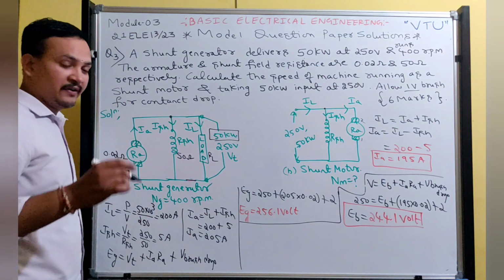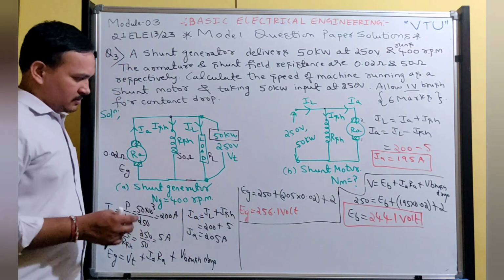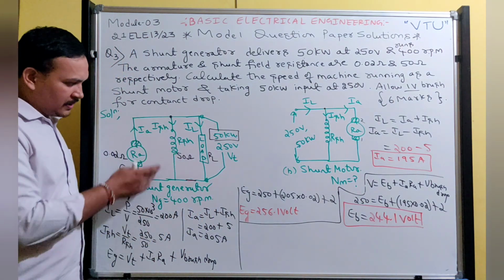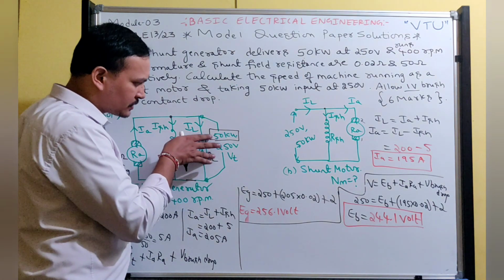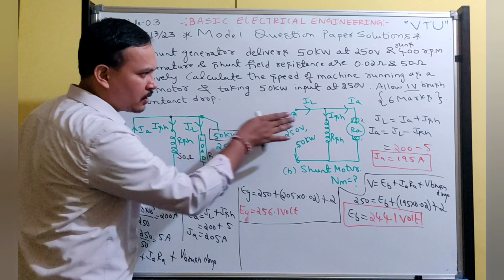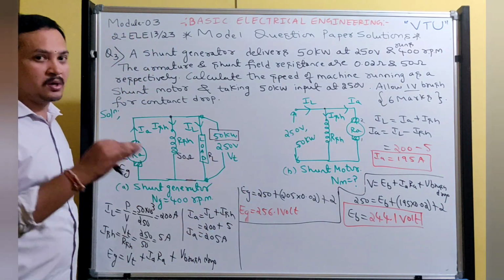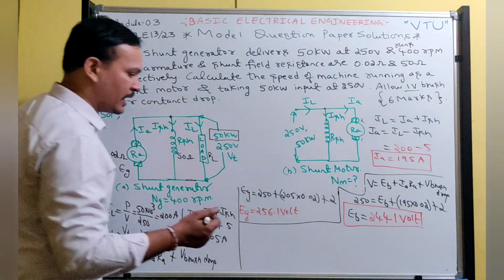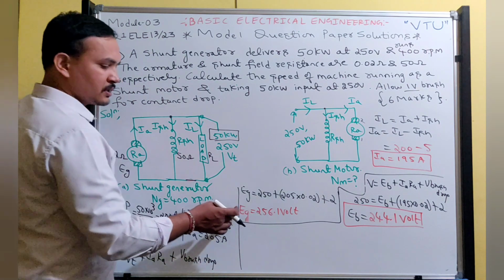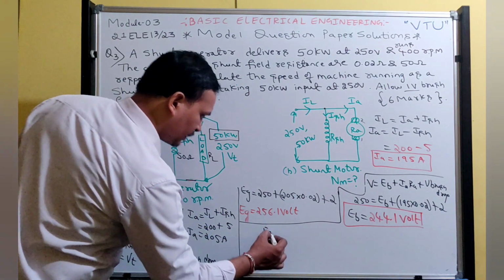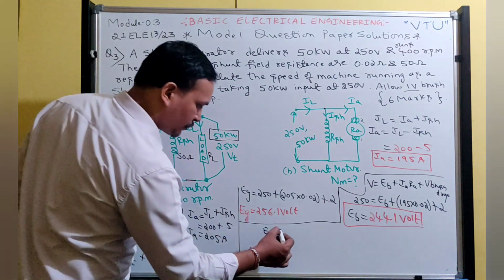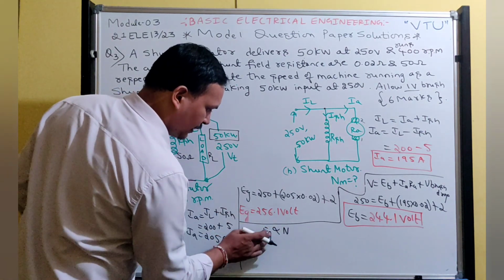Now finally, when it runs like a generator, the speed of the generator is 400 rpm. Now if I connect these ratings to the motor, what speed does it run? That is the question. For that we have to relate voltage with speed. We know that induced voltage in the generator is proportional to the speed.